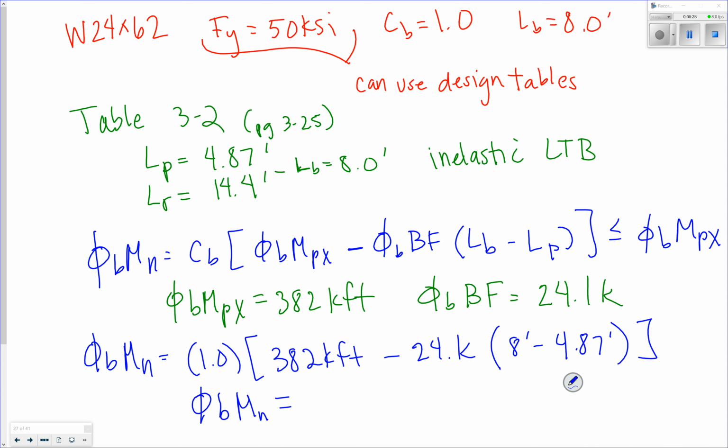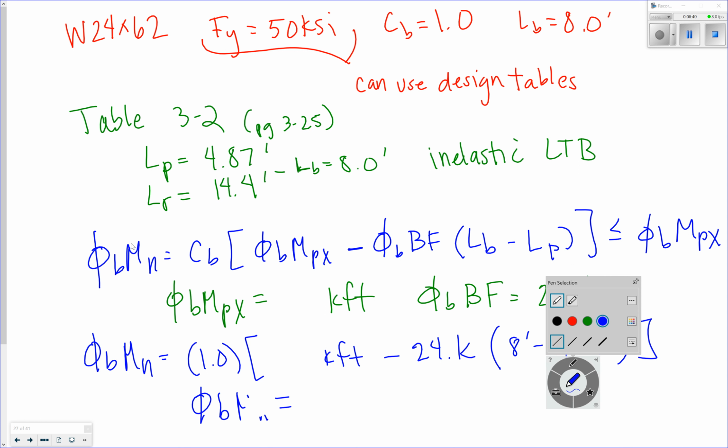Wait, W24x62. Right, 574. I wrote down 382 because that is the wrong one. It is 574. I hope somebody caught that before just now.